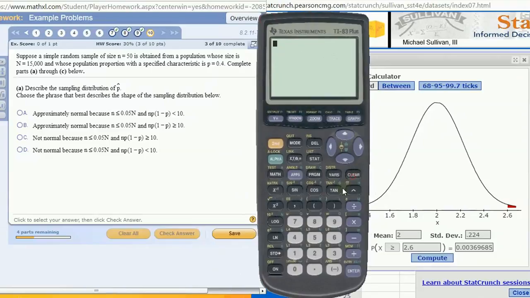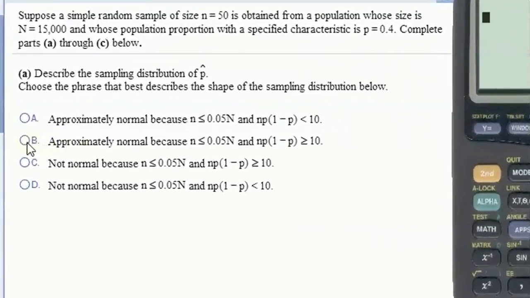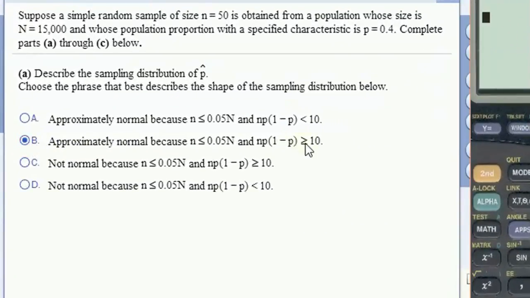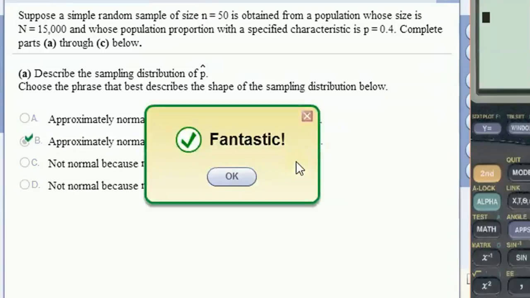The other thing we want to check is if the sample size times the sample proportion times 1 minus the sample proportion is greater than or equal to 10, then, as a rule of thumb, we should have approximate normality. So both of these are met, so we're going to have approximate normality.